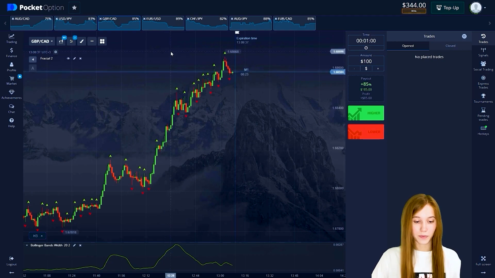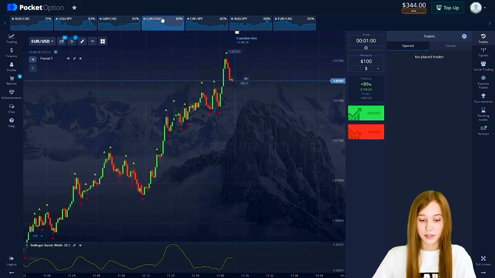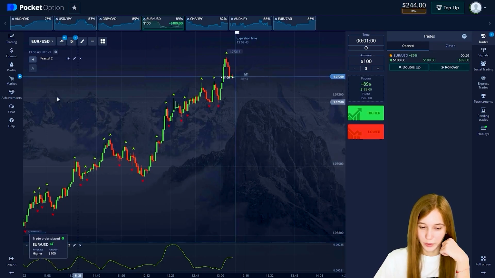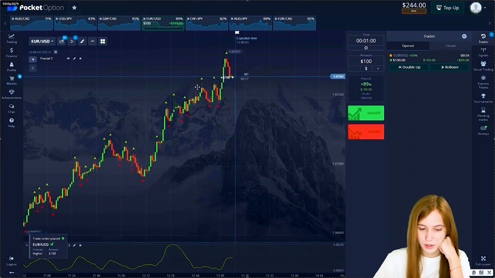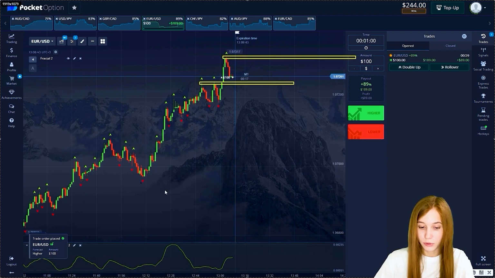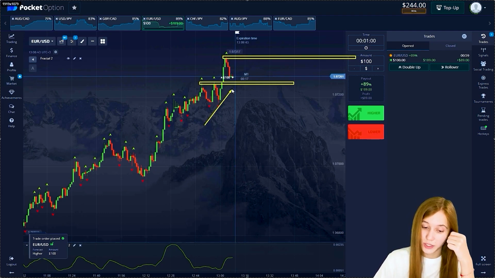And now we move on to the next concept. So here we are. We open up and we start our technical analysis. So we see support area and resistance area.